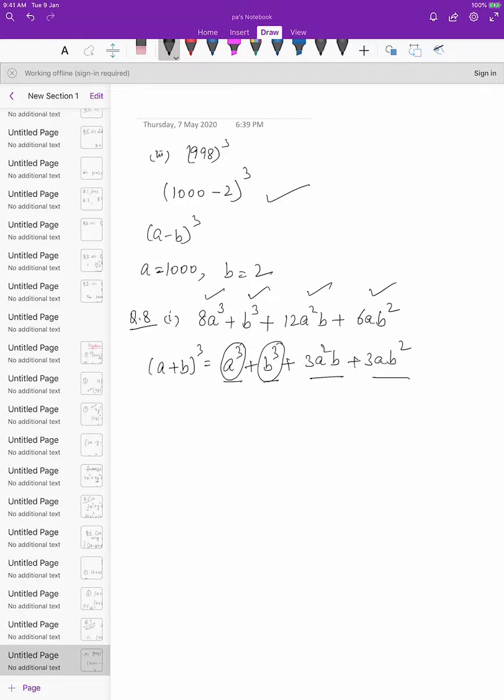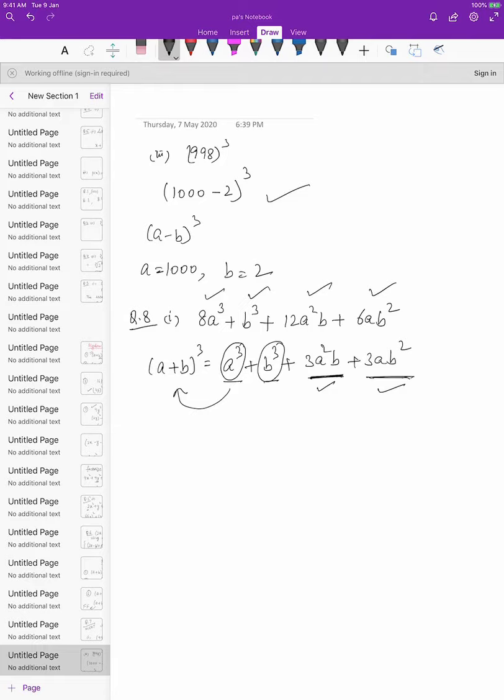If you are able to find 2 perfect cube terms, then we can see whether the remaining 2 terms are in the format of 3A square B and 3AB square or not. If they are in this format, then we can write that expression in the form of A plus B whole cube. So let's look at this example.